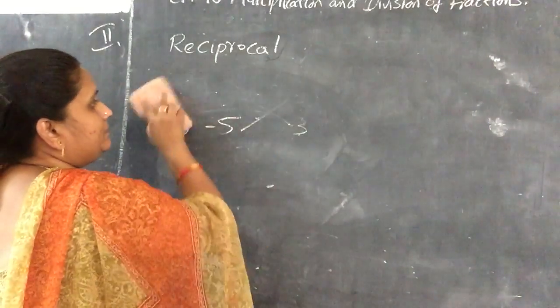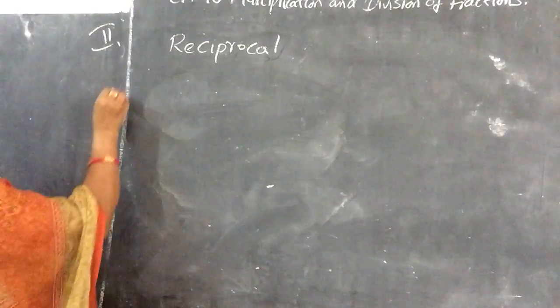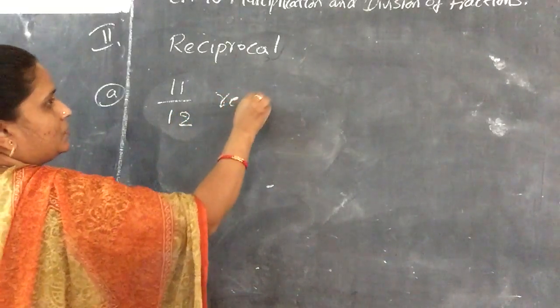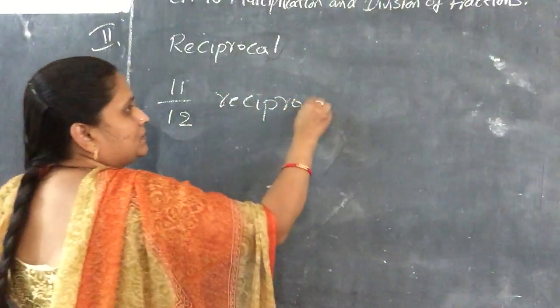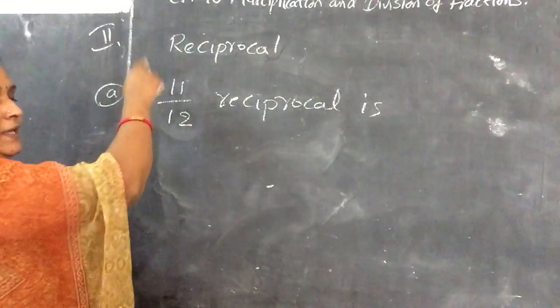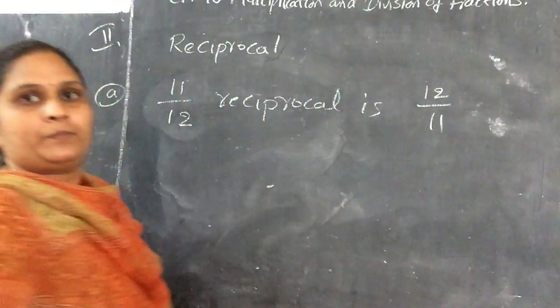So in the sum, the first one, 11 by 12 is there. A, 11 by 12. So the reciprocal is 12 by 11. Okay.